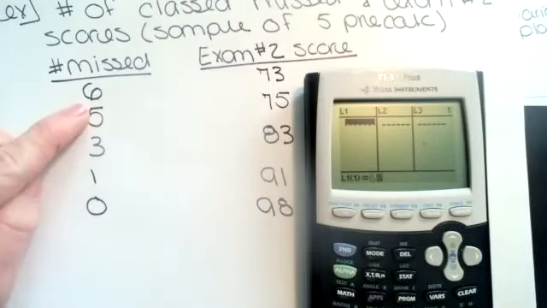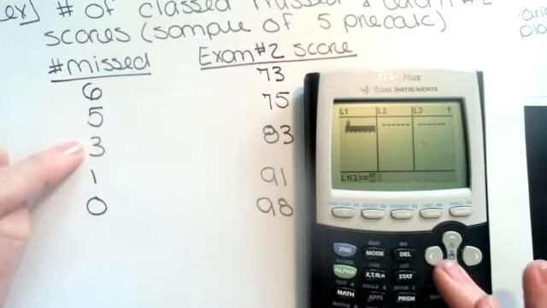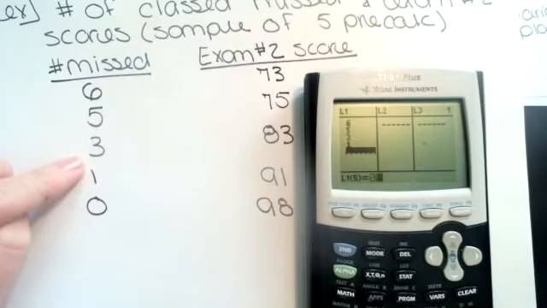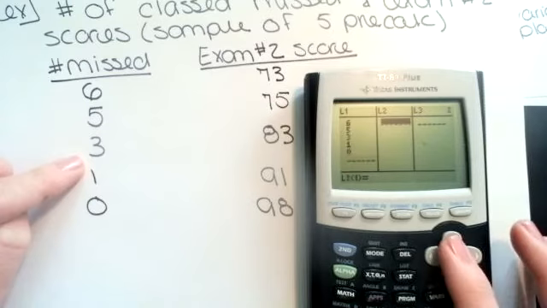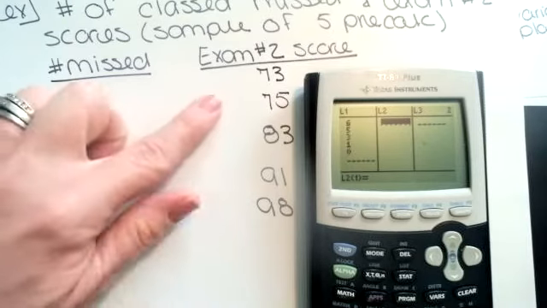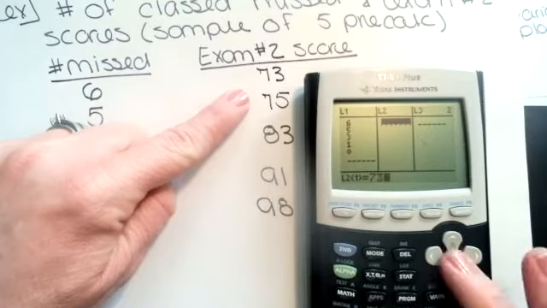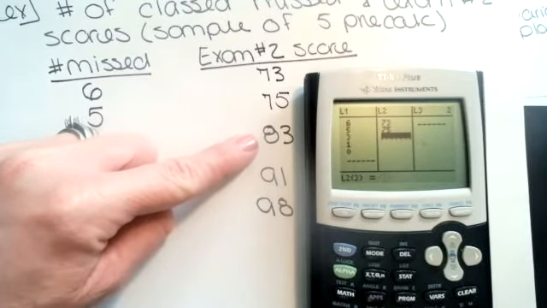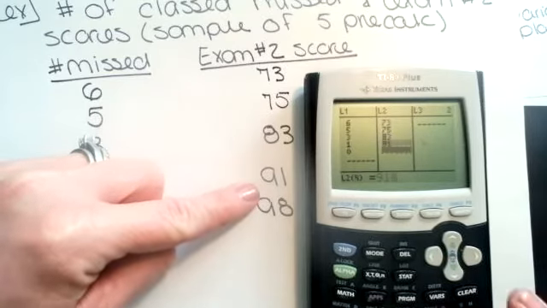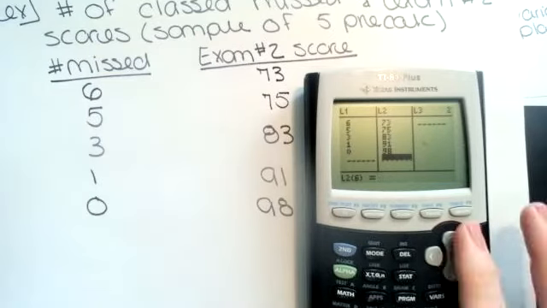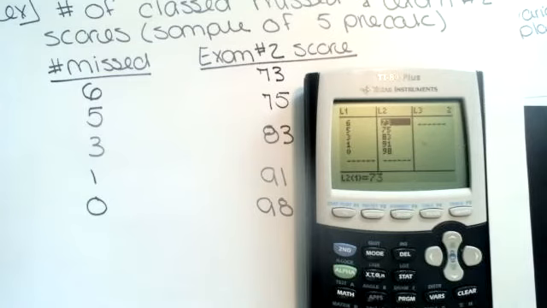I'm going to enter these data values 6, 5, 3, 1, and 0. And then in the same order over in list 2, I'm going to enter the exam scores. So the order matters. It's not like I'm just getting general statistics, like a mean or a standard deviation. I'm actually doing something with the paired numbers, right? So now I have it in the lists.